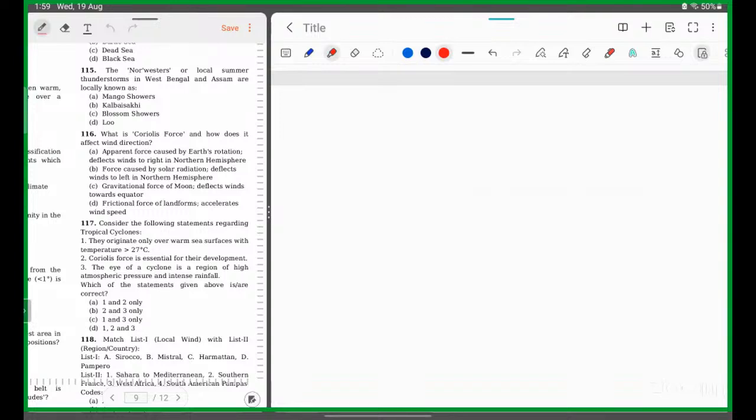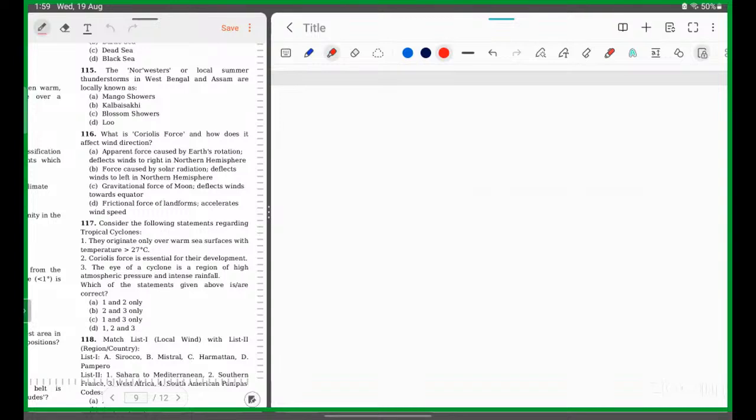You know what Coriolis force is, it sways the wind in the northern hemisphere. So it is essential for the spin of the vortex of a cyclone. Without it, the surrounding air would simply rush straight into the central low pressure zone without forming a rotating system.